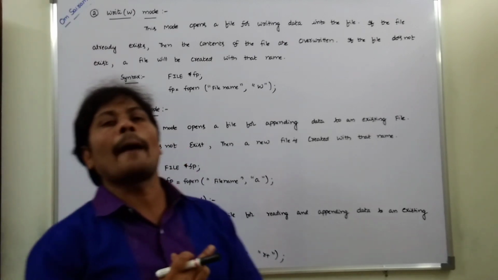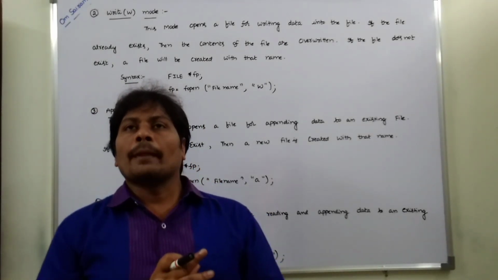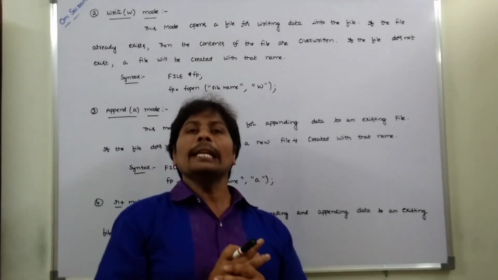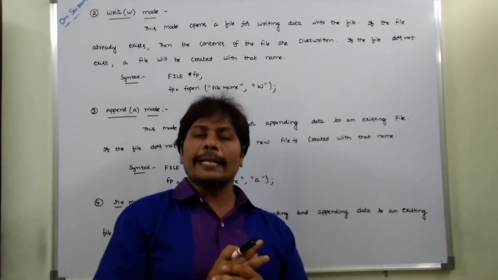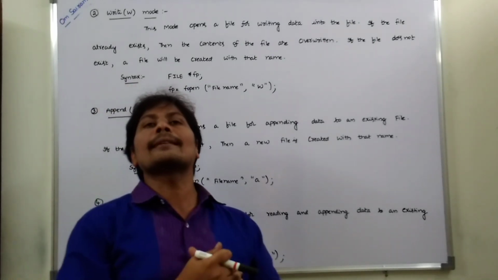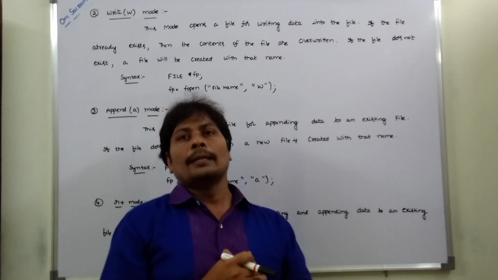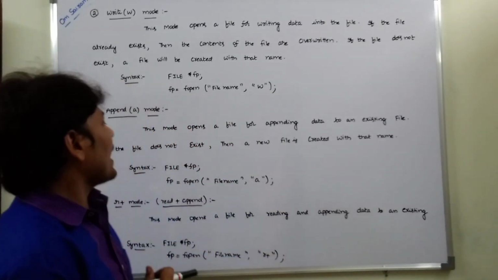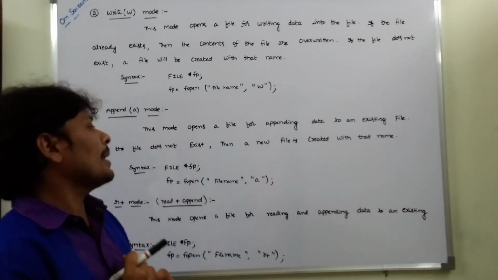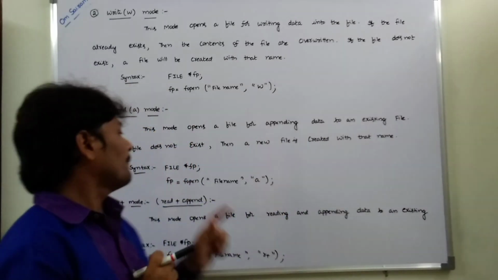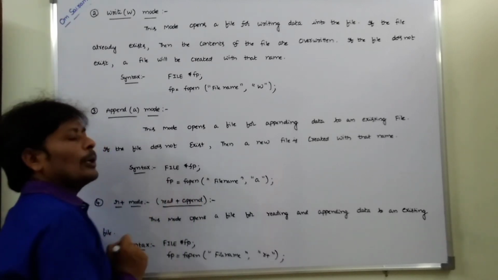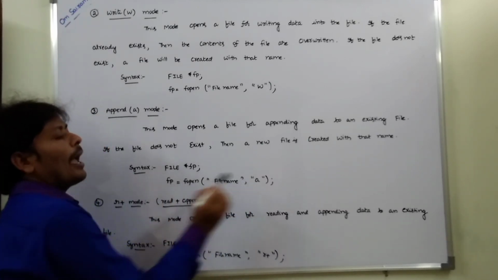Next, the third mode is append mode. This append mode is used for opening the file in append mode, for adding some data into the existing file. The syntax is file pointer fp is equal to fopen, file name, append mode.